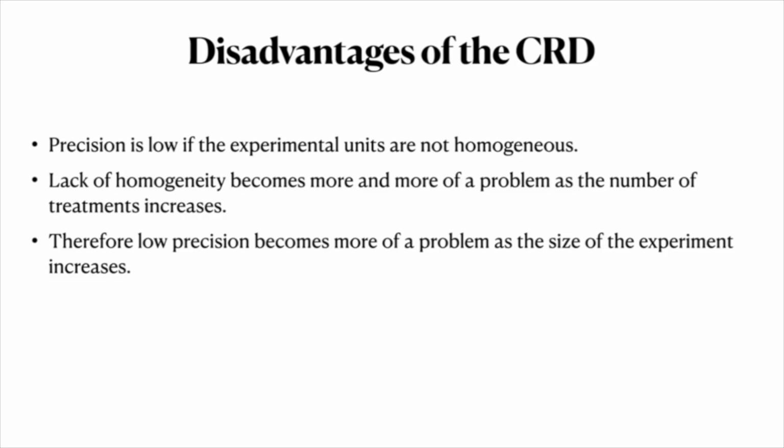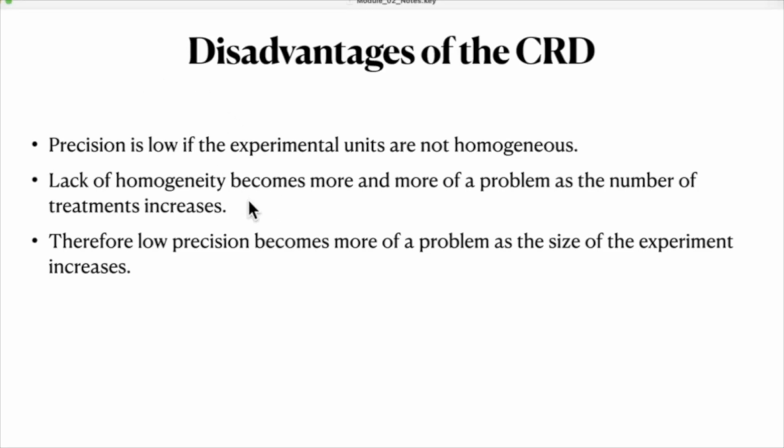As the number of factors increases, if you are performing a factorial experiment, then the number of treatment combinations increases very quickly, and it can be very difficult to find enough experimental material that is homogeneous in order for a completely randomized design to be effective in that kind of situation.